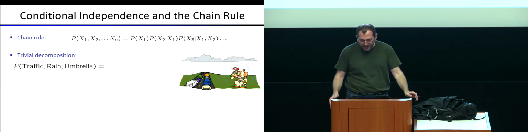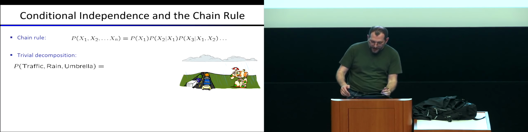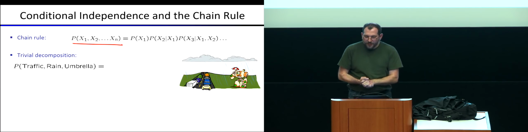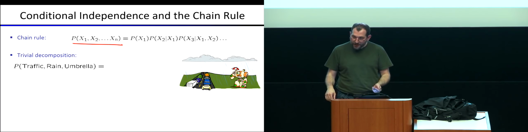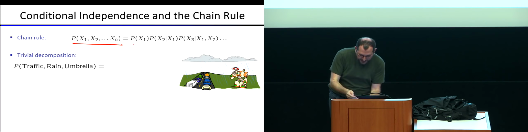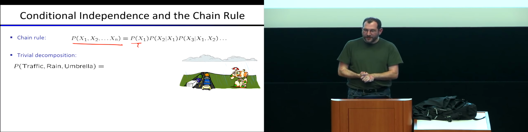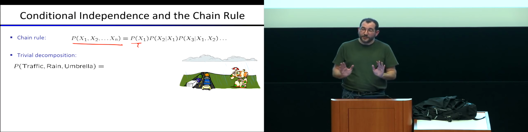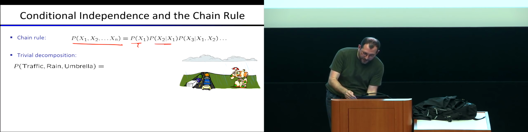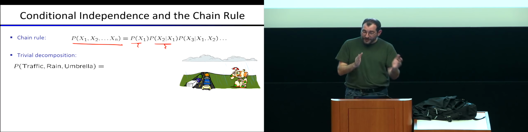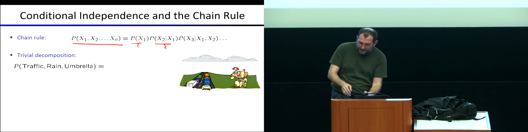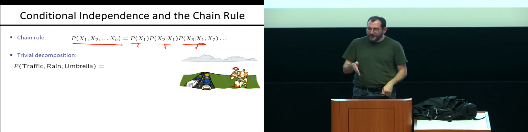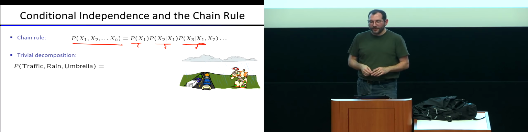Remember, the chain rule says that if I have n variables and I want to talk about the probability of some assignment to those n variables, one way I can write that as a product of other probabilities is: it's the probability of x1 taking on whatever value it takes on, times not the probability of x2 by itself, but the conditional probability of x2 given x1. So given what I already have at x1, I extend that to x2, and similarly times the probability of x3 given everything that precedes it in that ordering of variables.